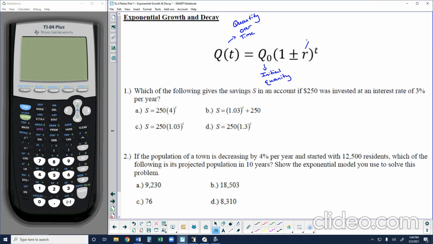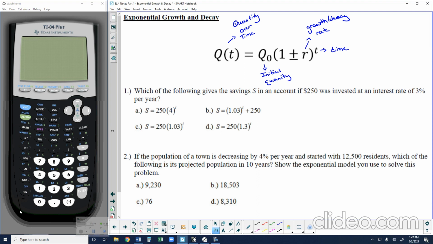R is going to stand for the rate, the growth or decay rate. And t is time. So this equation, Q of t, is equal to Q sub 0 times the quantity 1 plus or minus r to the t power. It gives us an exponential growth and decay model that's going to apply to a variety of different situations.